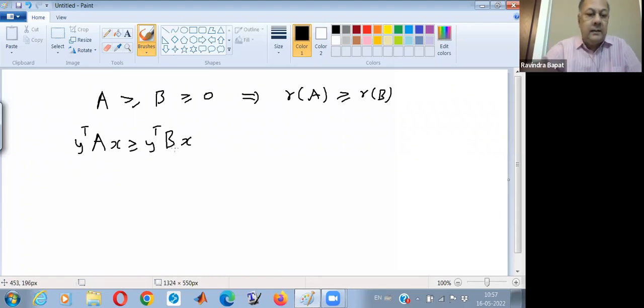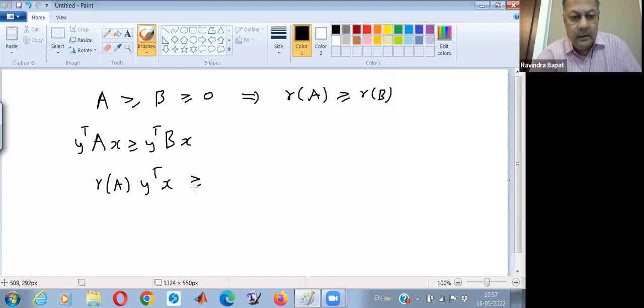Here X is the right eigenvector of A and Y transpose is the left Perron vector for B. If you simplify this, you will get R of A Y transpose X greater than or equal to R of B Y transpose X. And then you can say that R of A is greater than or equal to R of B.